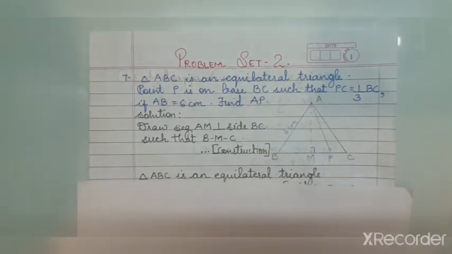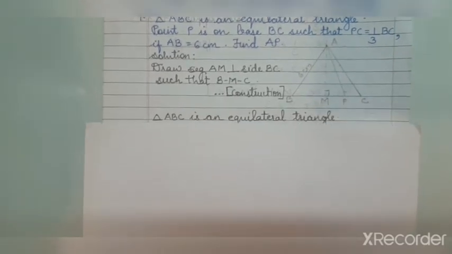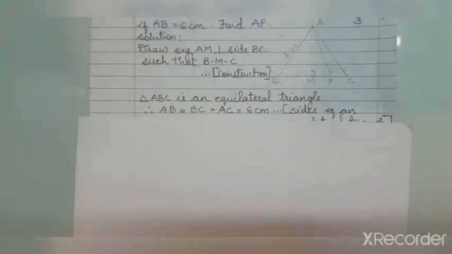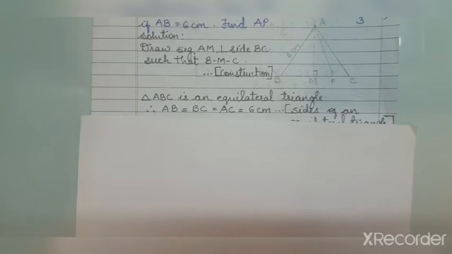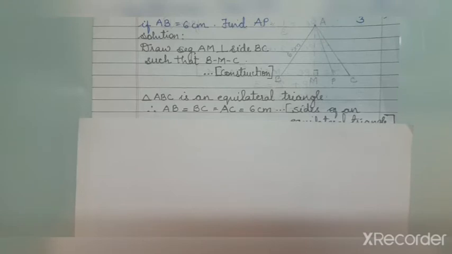Since they have given that triangle ABC is an equilateral triangle, we know some properties of an equilateral triangle: the sides are equal and each angle is equal to 60 degrees. So we will write AB is equal to BC is equal to AC is equal to 6 centimeters. Since they have given that AB is 6 centimeters, all the sides are equal.